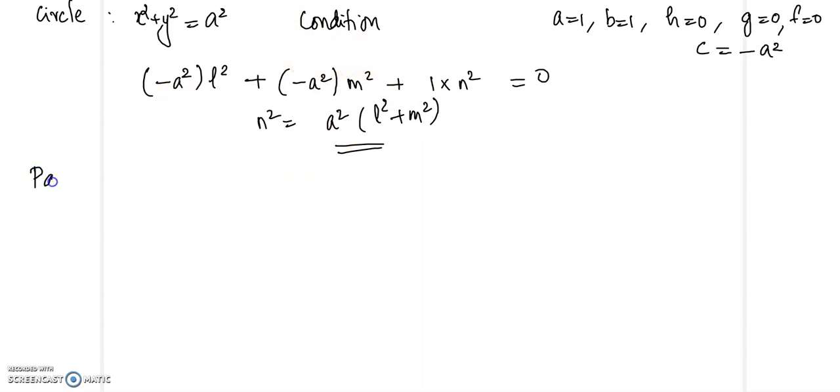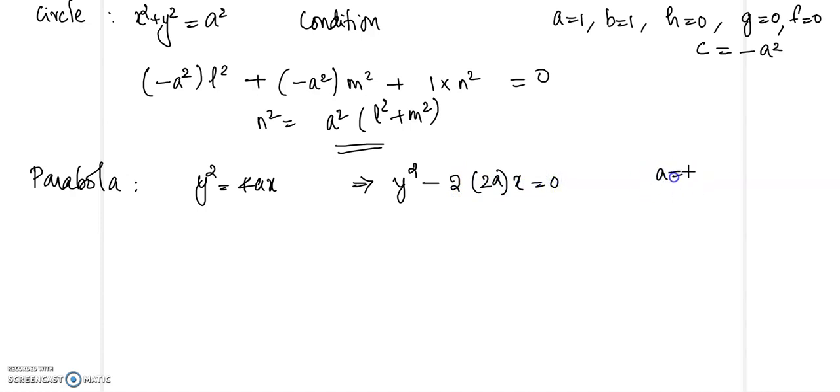Now in case of parabola, so you have y square equal to 4ax, so that implies y square minus 2 into 2a x equal to 0. So a is 0, h is 0, b is 1, g is minus 2a, and f is 0, c is 0.